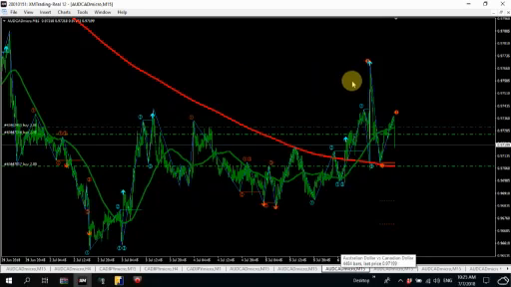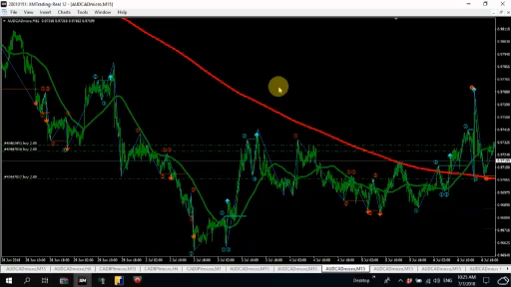This is the number 4. Looking at this as it is now, you will understand that the price below a moving average is a downtrend.